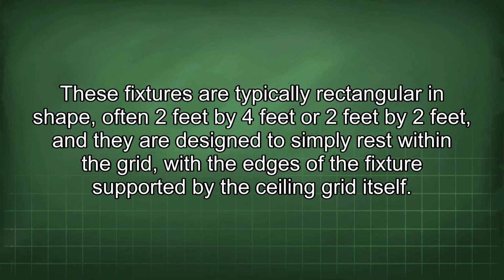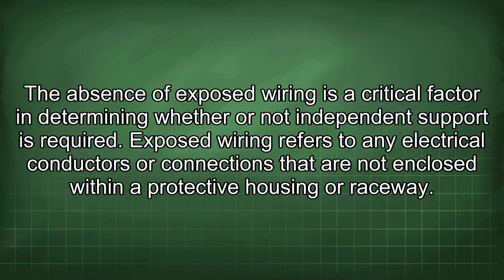These fixtures are typically rectangular in shape, often 2 feet by 4 feet or 2 feet by 2 feet, and they are designed to simply rest within the grid, with the edges of the fixture supported by the ceiling grid itself. The absence of exposed wiring is a critical factor in determining whether or not independent support is required.